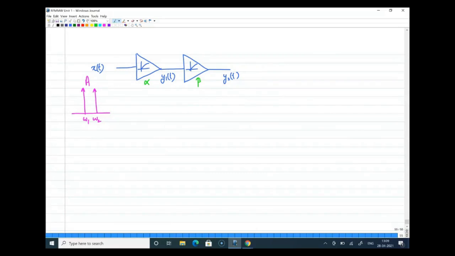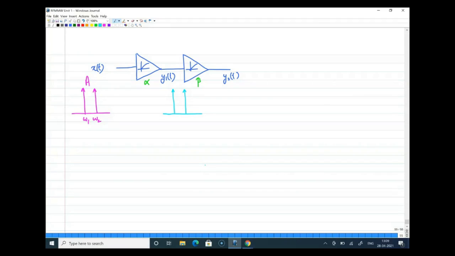So I'll also help in this. If you look at y1 of t, you will have the direct product. The first product will be alpha multiplied by this term. Let me use a different color here to mark the first stage output. Yes, Sharad, you have to write the fundamental and intermodulation components.